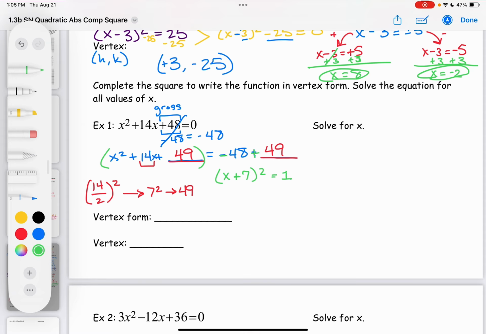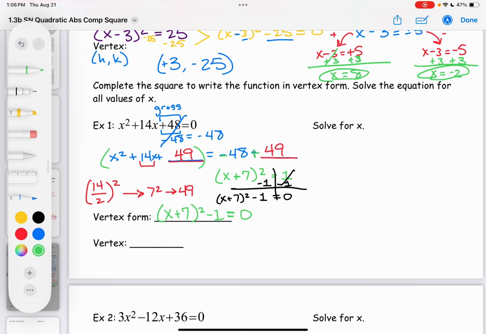That's just going to cancel out to 1. So the last step is undo it. So that means I actually want to take this 1 and move it back to the other side so that I'm set equal to 0. And that gives me my vertex form, which I'm just going to rewrite right here: x plus 7 squared minus 1 equals 0.